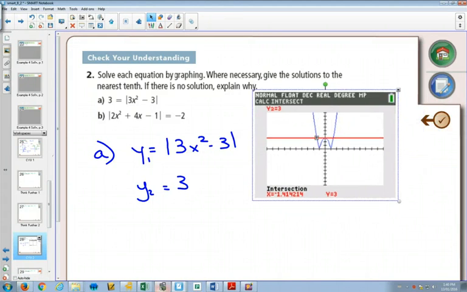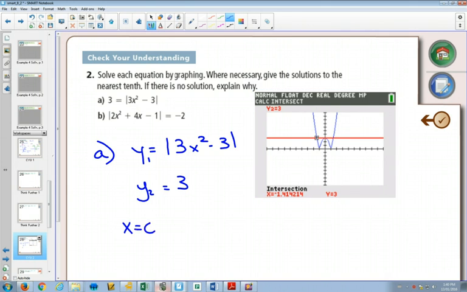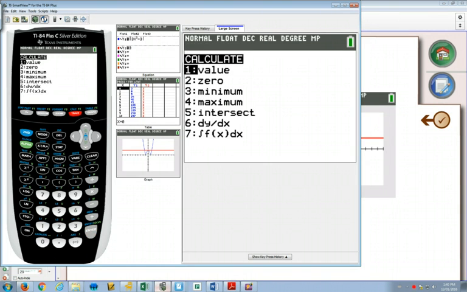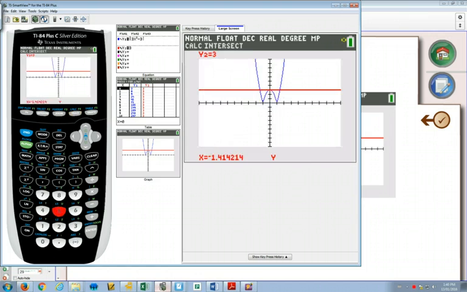Just drag your calculator screen to your notes. So we already know that one value was at 0, and now we just figured out another value is at negative 1.4. That would be to the nearest tenth. If I wanted to find the other one, I'd go second, calculate again, number 5 for intersect.